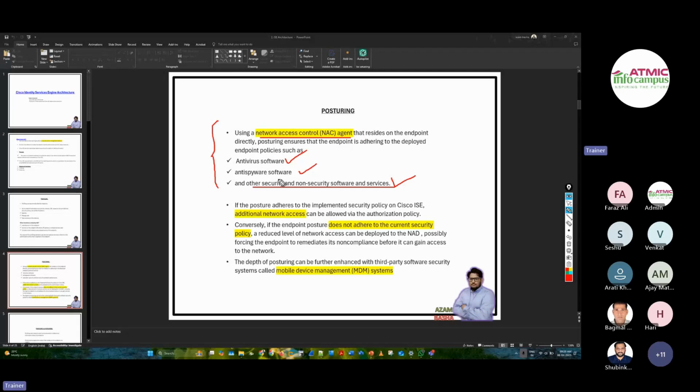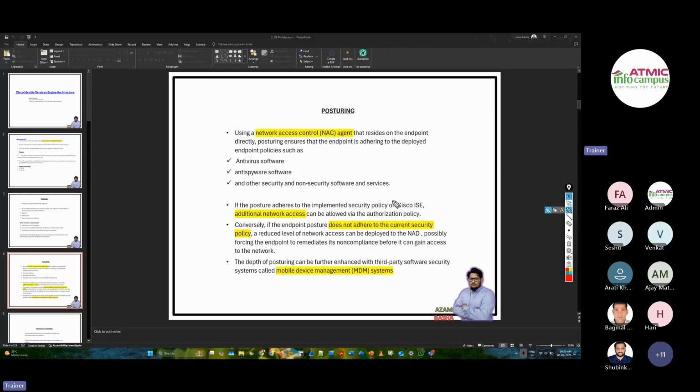For posturing, we use an agent, and that agent is basically a piece of software. It can be any of these. It can also be AnyConnect. That's point number 1.